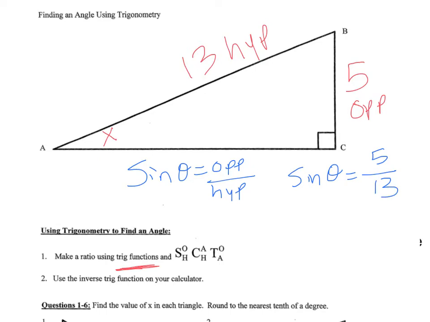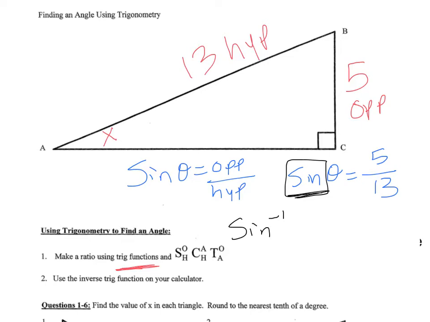Now, this is new to all of you, since we typically do not have to find angles, but we are going to in this case. In order to get rid of this sine, because remember we're trying to solve for theta, we have to use what's called inverse sine. It's on your calculator as inverse sine.